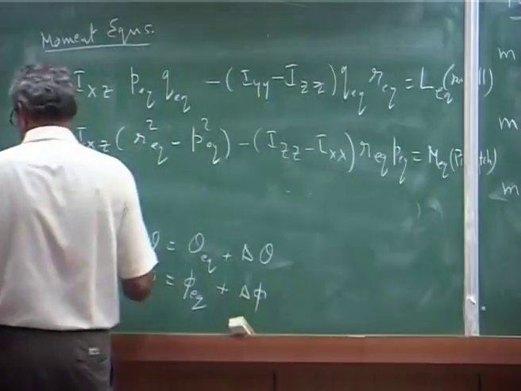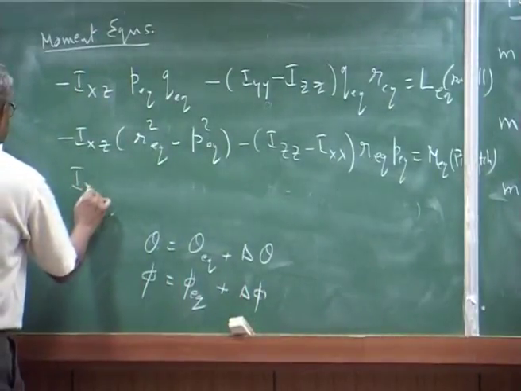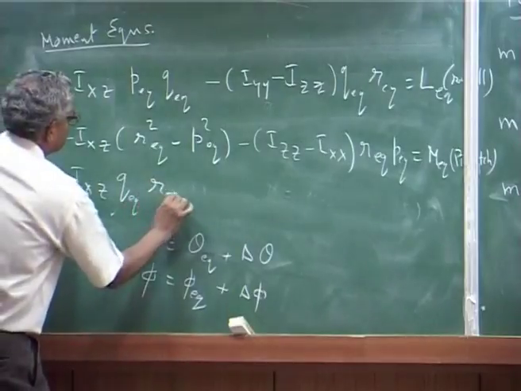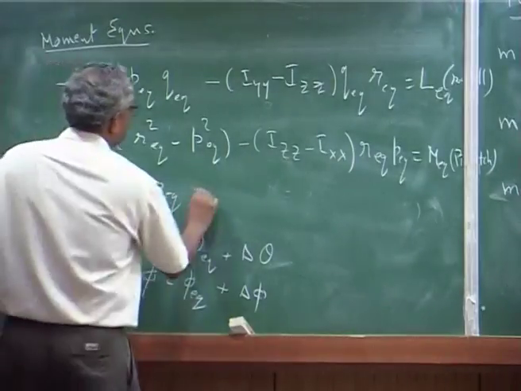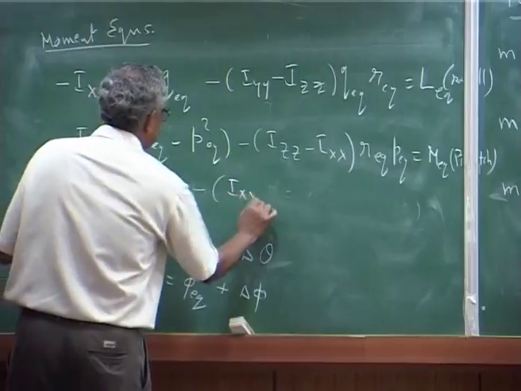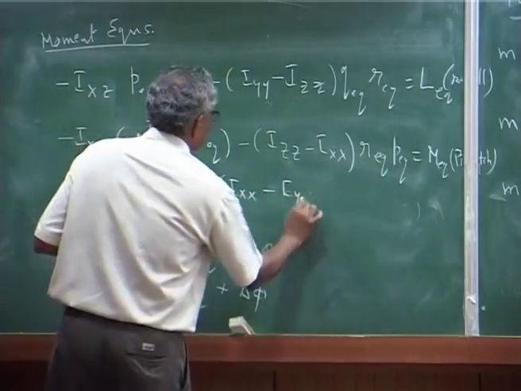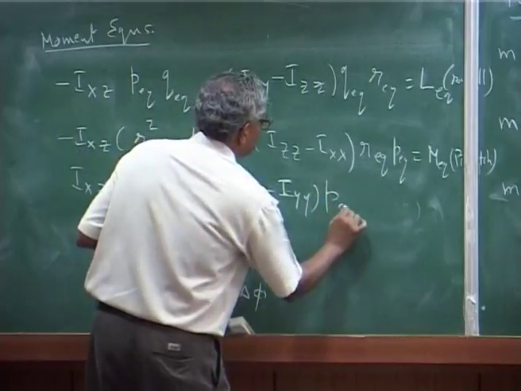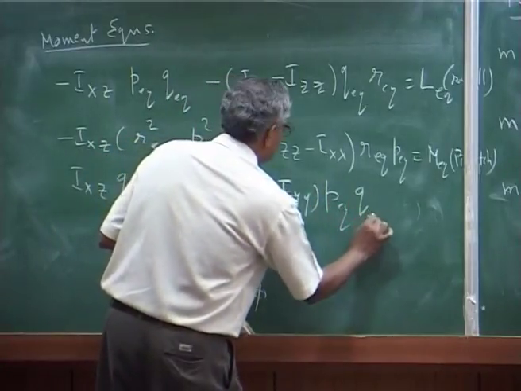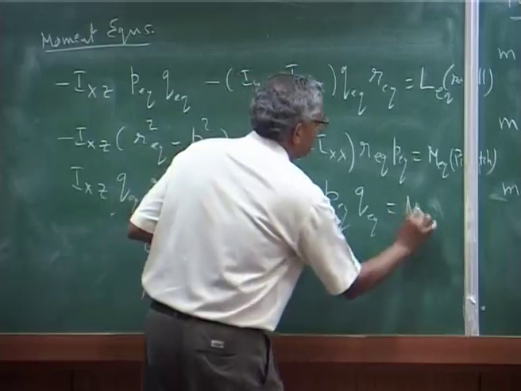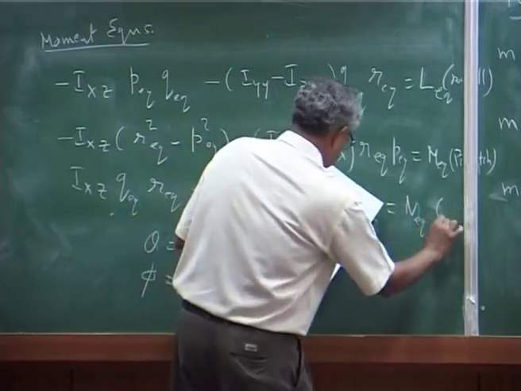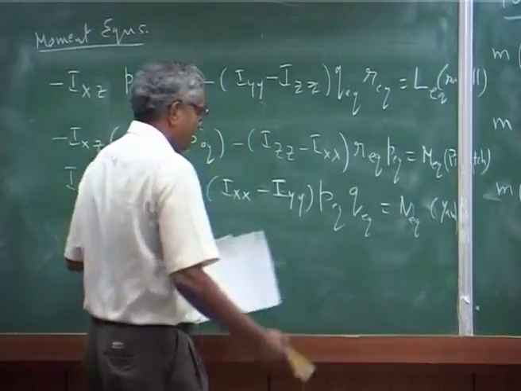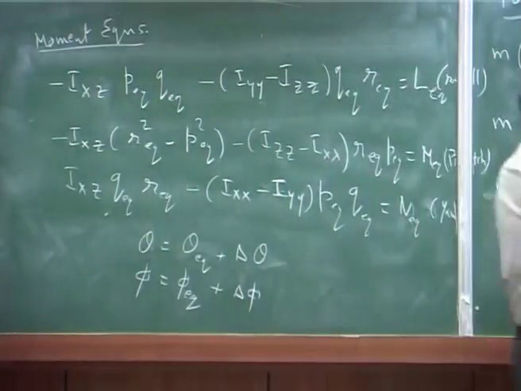And then the yaw equation is I x z q equilibrium r equilibrium minus I x x I y y p equilibrium q equilibrium, which is N equilibrium. And then you have to change this equation also.